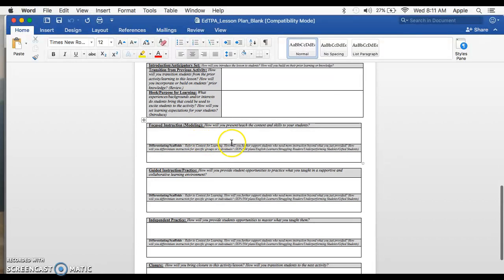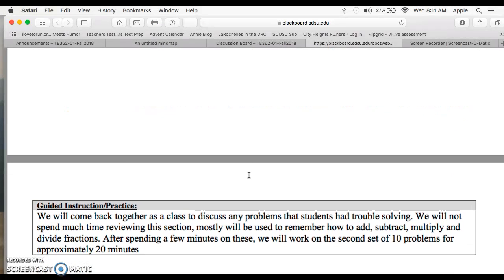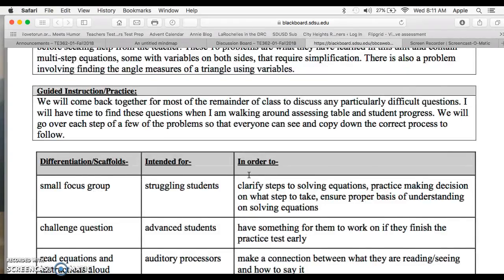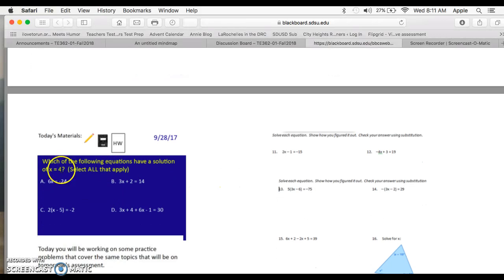And then we keep going on into the focus instruction or modeling. So this is in the previous lesson plan. They have a quick warm-up, and again, they're trying to solve equations with one step or two steps. On the warm-up, they have to know from A, B, C, and D which equation makes x equal to 4.